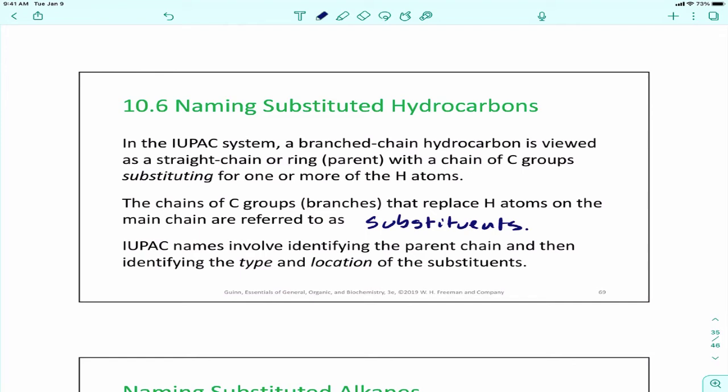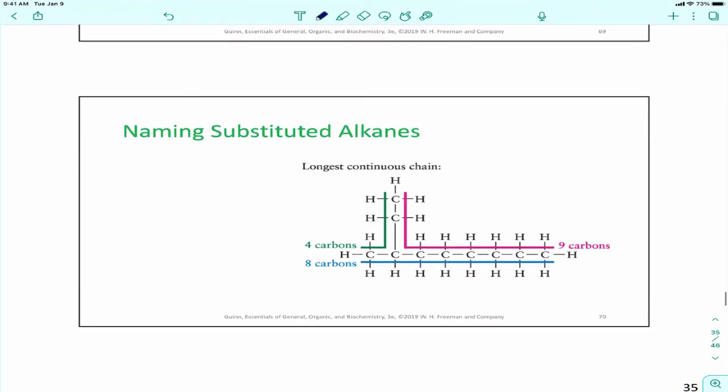IUPAC names often involve identifying the parent chain and then identifying the type and location of the substituents.